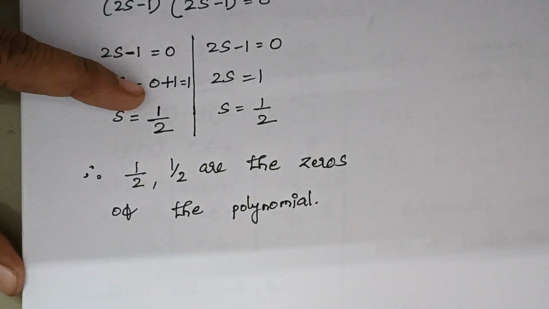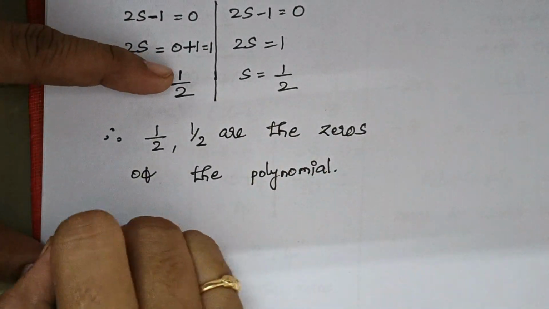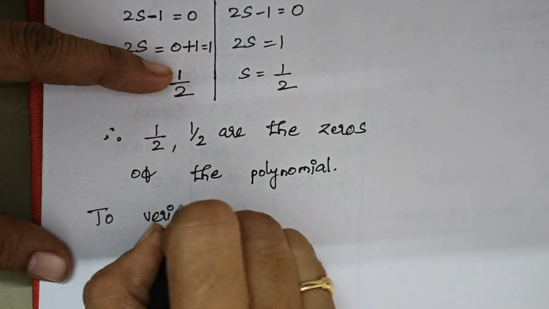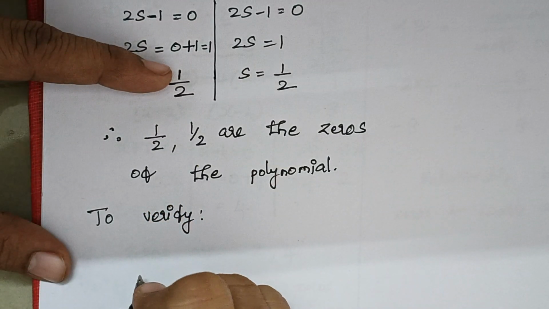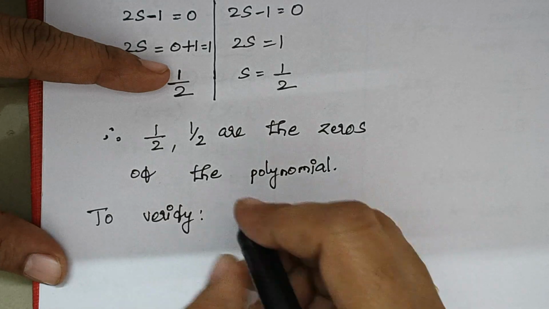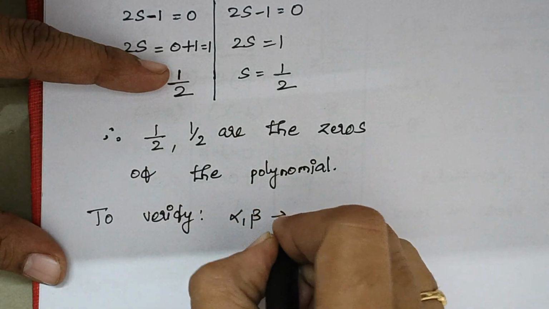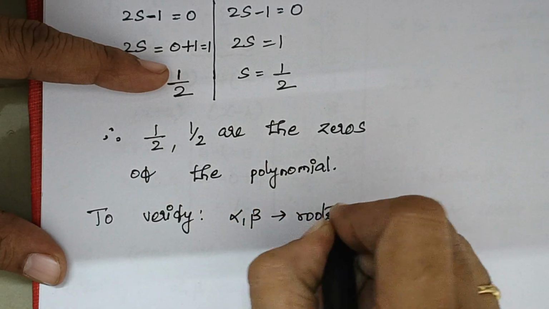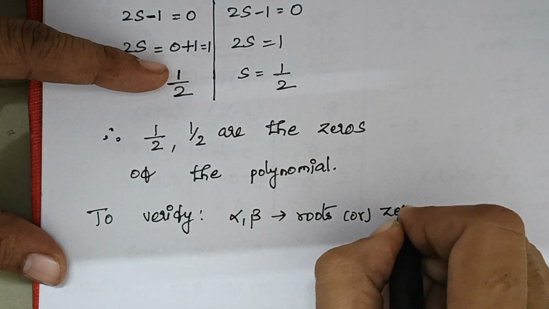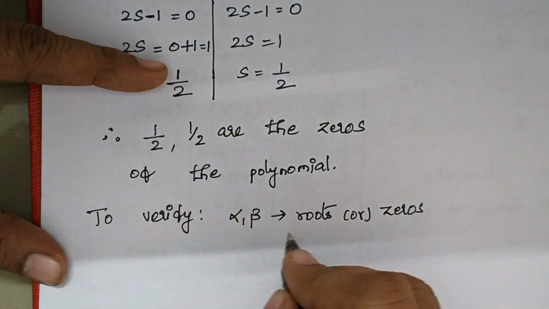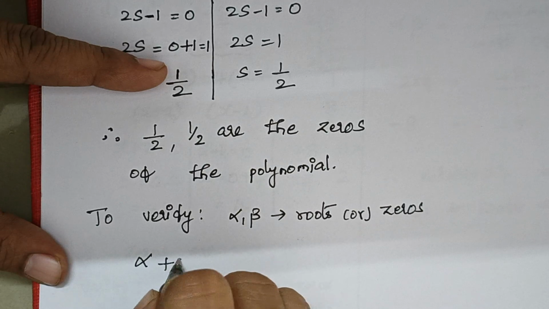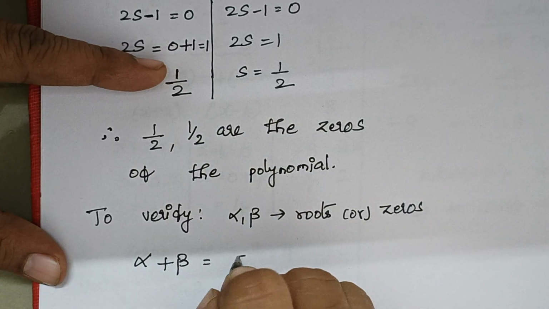Next we are going to verify. To verify, first you have to take the sum of the roots. Let alpha and beta be the roots or zeros, whatever it may be. So the sum of zeros, alpha plus beta, is equal to, what is the formula?